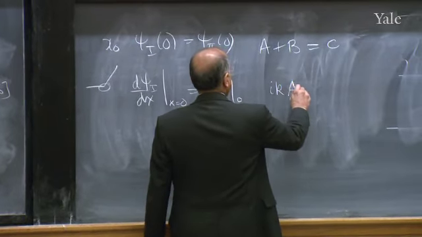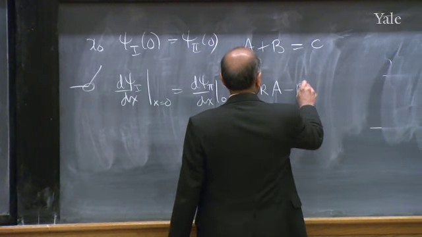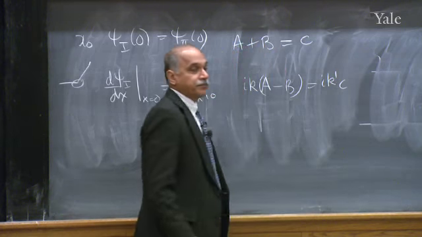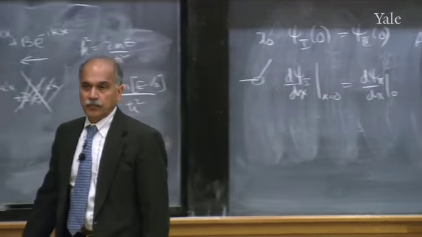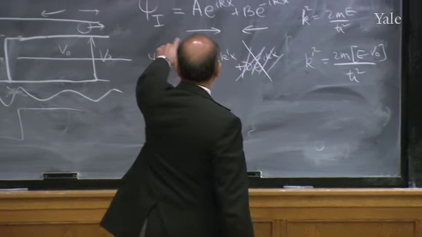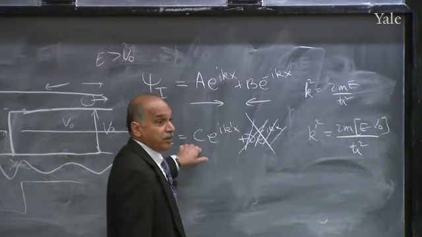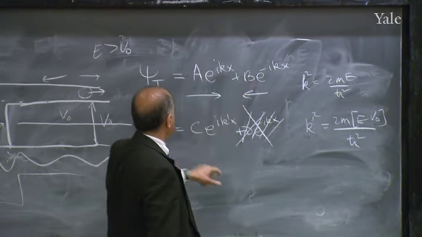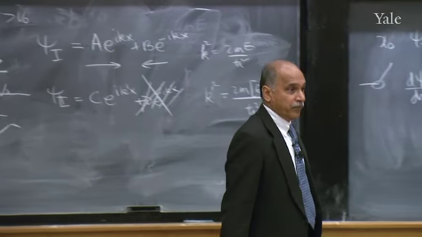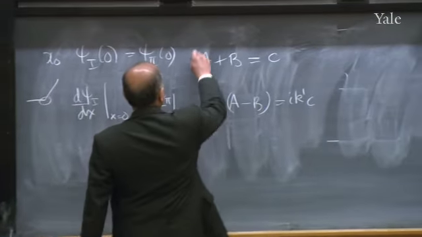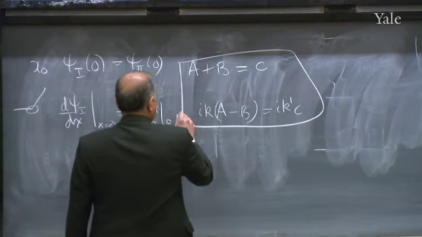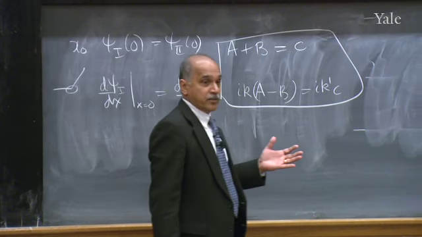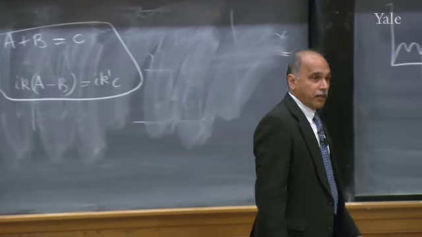You will find ik times (A minus B) is equal to ik prime times C. The derivative brings down ik for this, minus ik for that, and you put them together. So these are the two conditions. Now, what causes mild panic is that I have three unknowns and two equations, because I have A, B, and C, and only two equations.